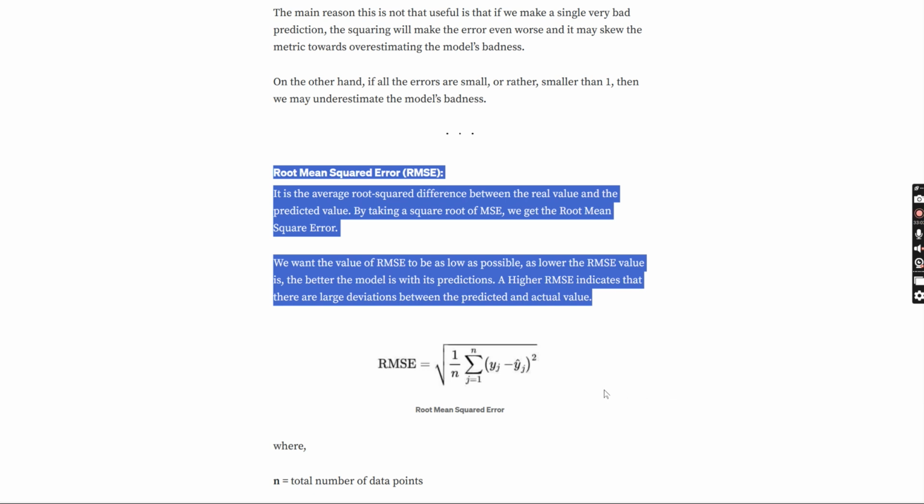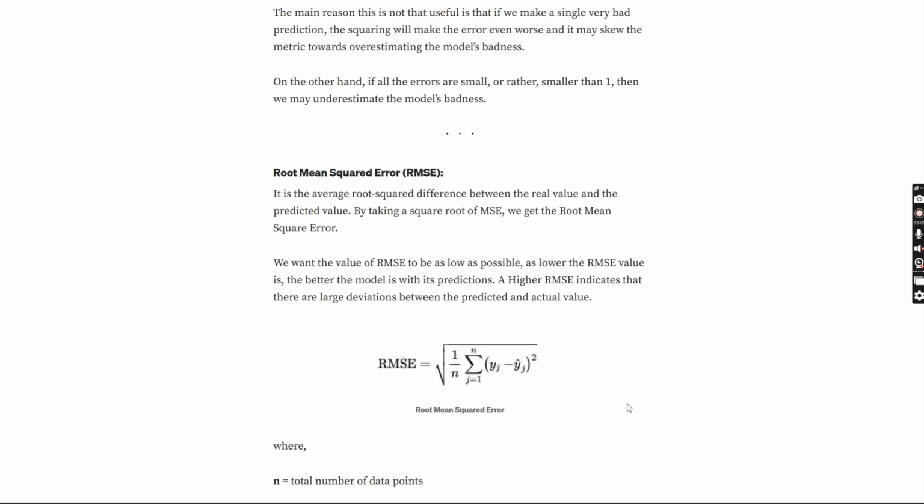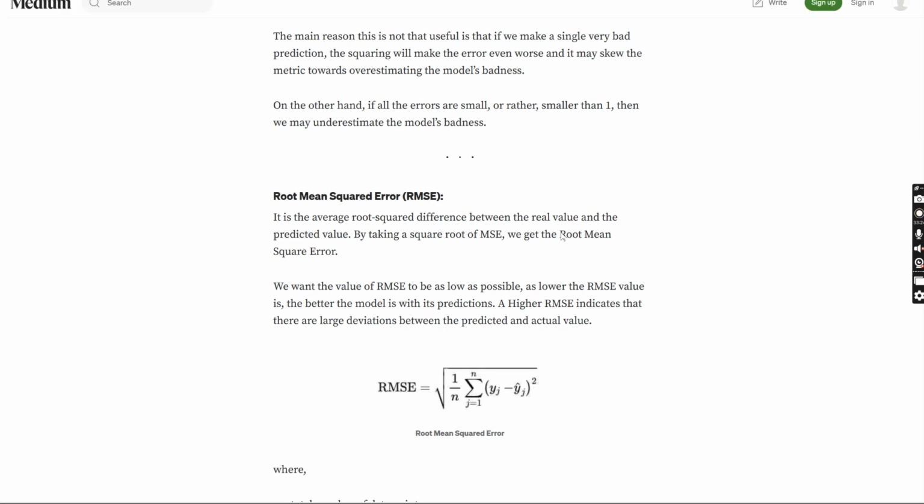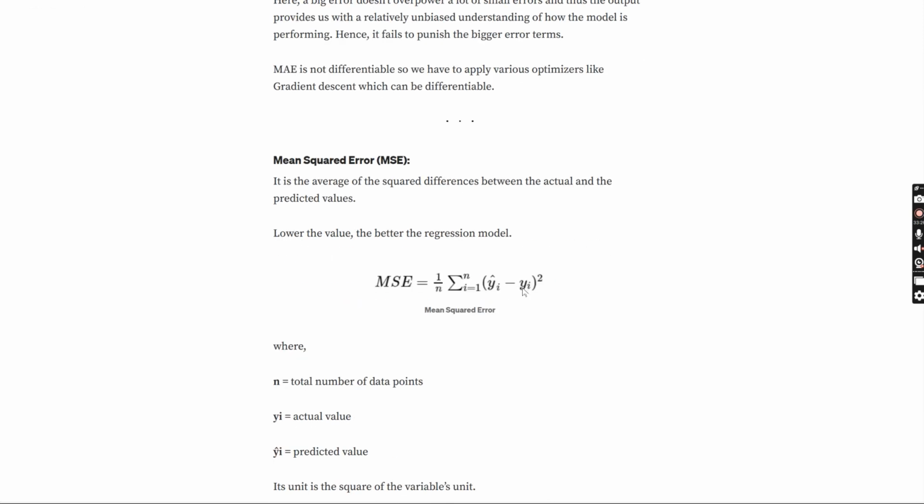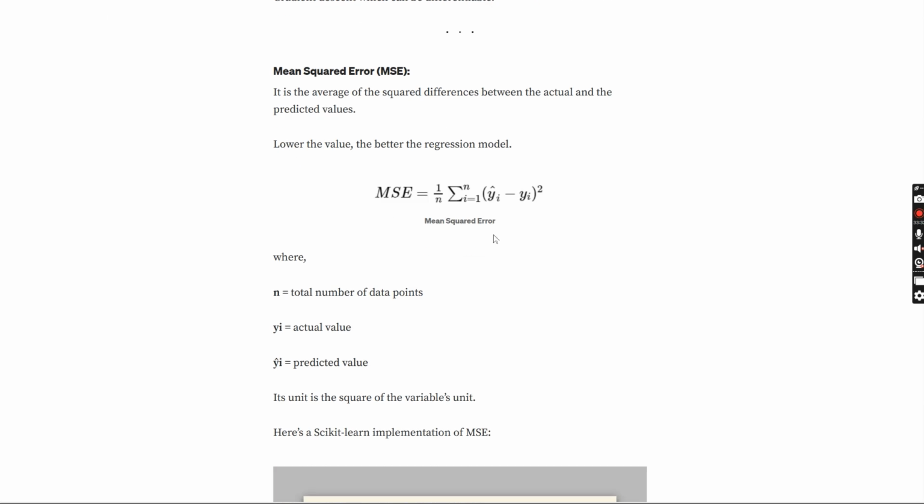Mean absolute error, although it's preferable, root mean squared error is used because, in case you bring in outliers, your mean absolute error will completely give you a wrong value. For example, let's just take this Zomato example.